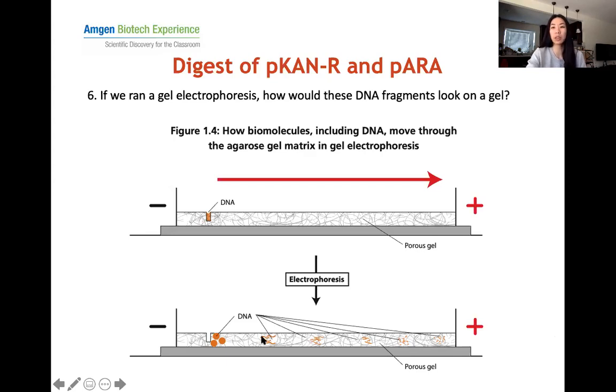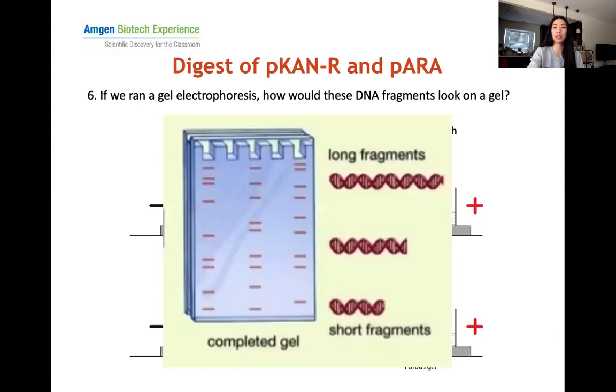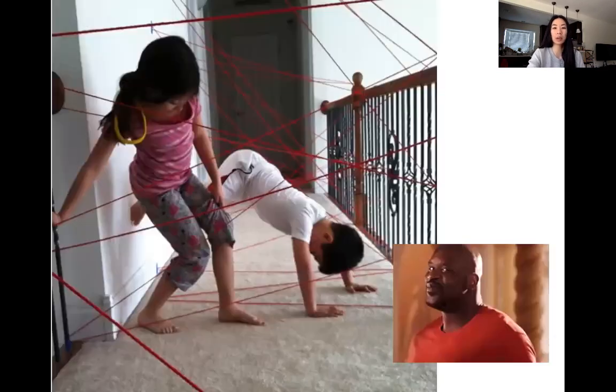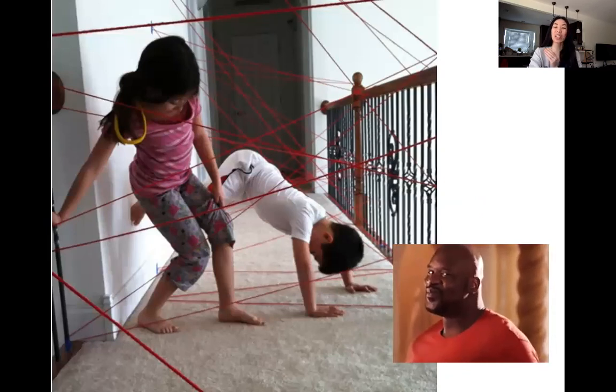The analogy I like to use with the 9th graders is, if you had, like in a spy movie, those lasers and you're trying to get through without touching any lasers. So if you have a laser maze, and you're trying to get through it, who will get through this maze faster, the little kid or someone big like Shaq?